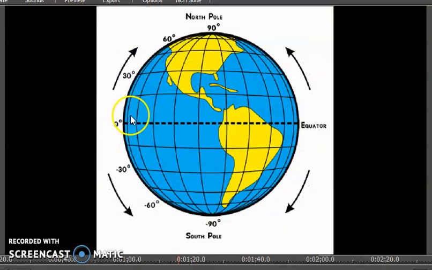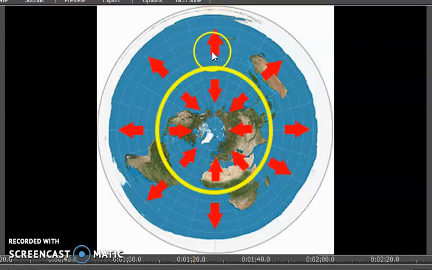However, when moving from the equator south on a globe, the lines of longitude converge on the alleged South Pole, and the circumference of the circles of latitude decrease as one moves from the equator south. And the opposite phenomenon occurs on the flat Earth map, or the azimuthal map.